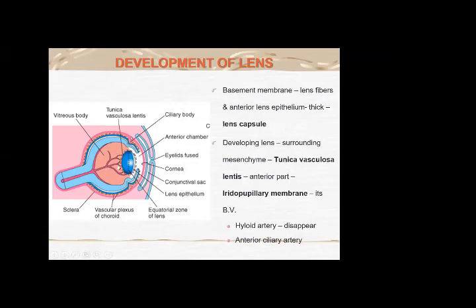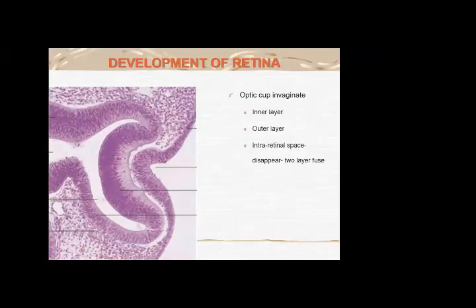By this time, this hyaloid artery disappears. It will persist in the stalk, but inside the cavity of the cup, the hyaloid artery disappears. However, this is replaced by the anterior ciliary artery, and that is the supply. Let's take up the retina.